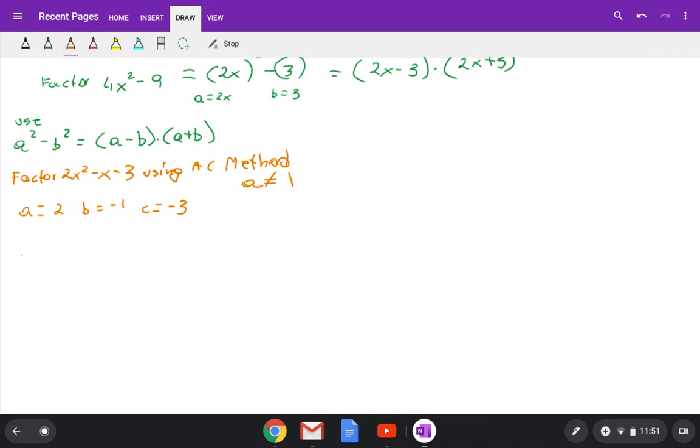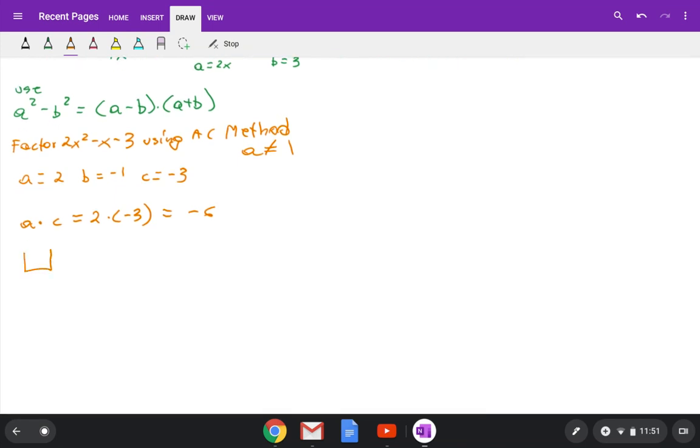Step 1, multiply A by C, and we're getting 2 times -3, which is -6. Step 2, find two integers whose product is equal to AC, which is -6, and the same two integers by addition will give you B, which is -1. So what's going to work? -3, +2.